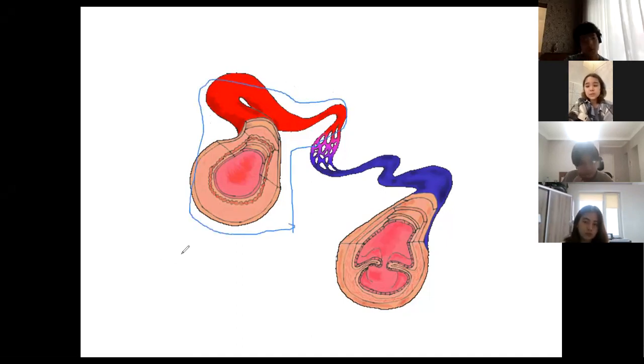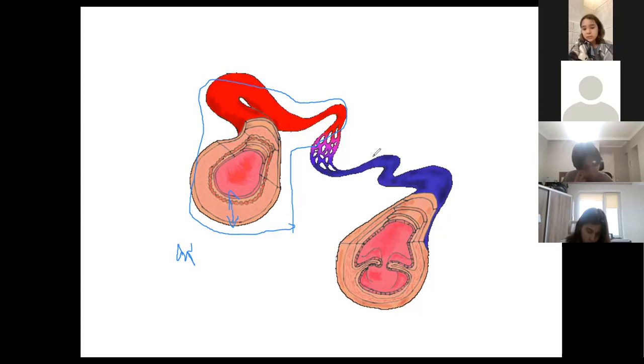I understood it by the red color. Yes. What else? And the structure is a bit different from the vein. You're right. One more thing. Thank you. What about this part? Ayzere, what about this part?